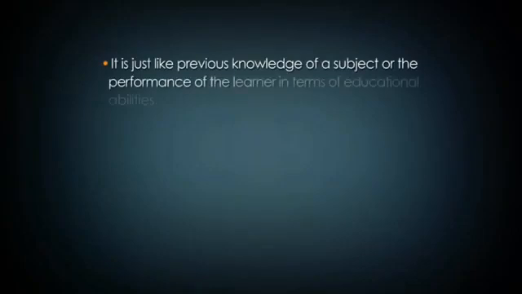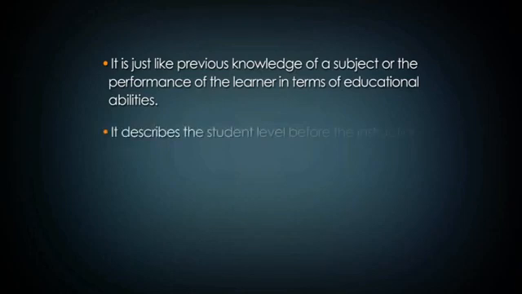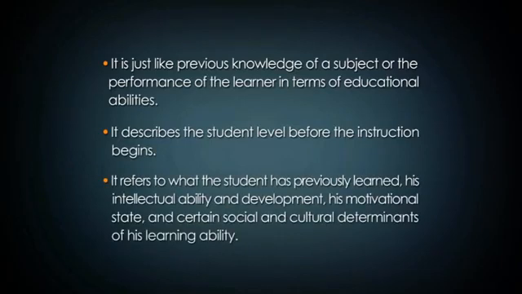It is just like previous knowledge of a subject or the performance of the learner in terms of educational abilities. It describes the student level before the instruction begins. It refers to what the student has previously learned, his intellectual ability and development, his motivational state, and certain social and cultural determinants of his learning ability.